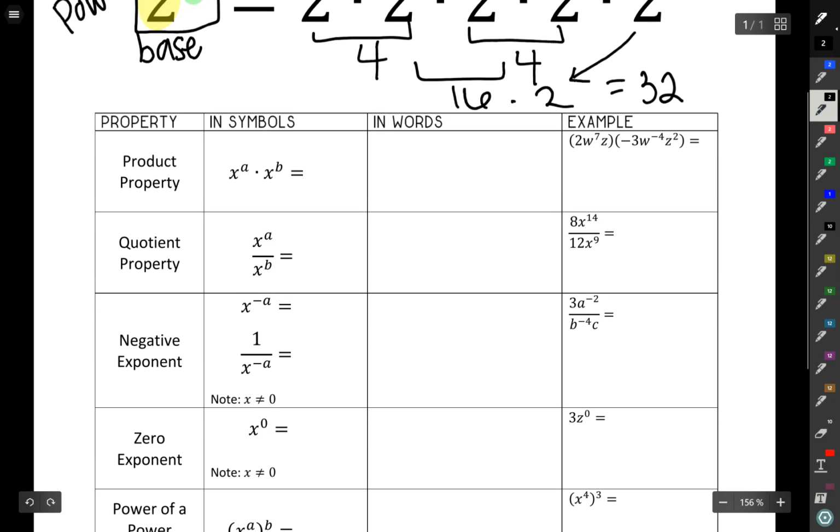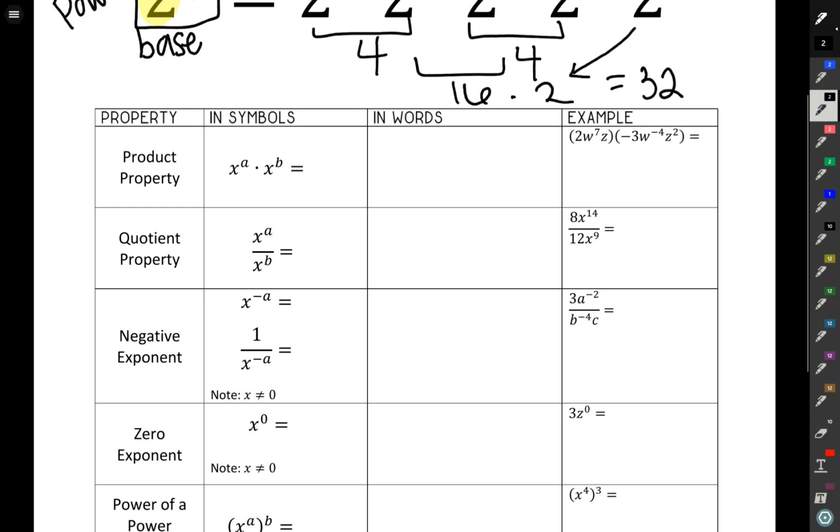All right, so let's look at some properties of exponents. The first property is the product property. That's when you're multiplying 2 powers of the same base. Notice that the base for both of them is x. This is important, okay? And we have 2 different exponents. The rule is that you add the exponents.